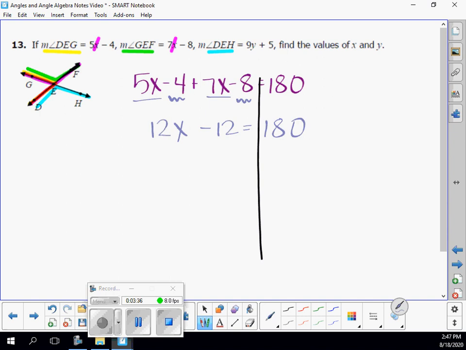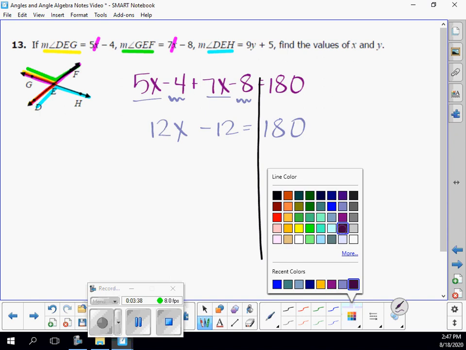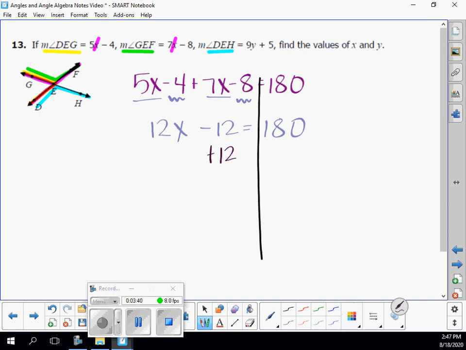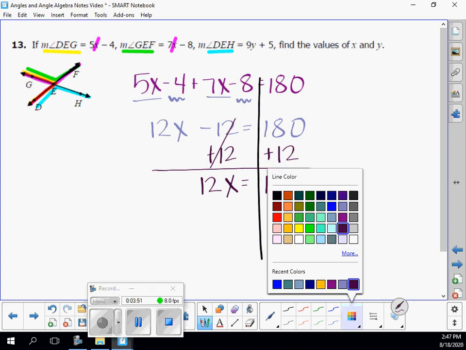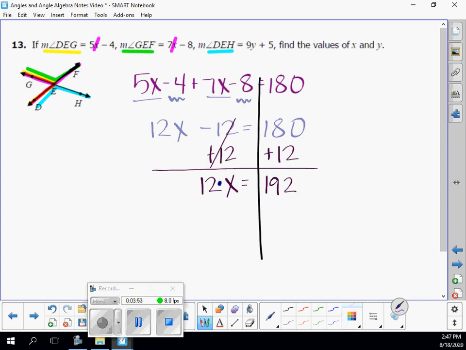My x's are already together, so I'm moving my numbers over, opposite of what it is, so add it. That's 12x, negative 12 plus 12 is gone. And the only way that that's attached is by a dot, so divide. And x equals 16.